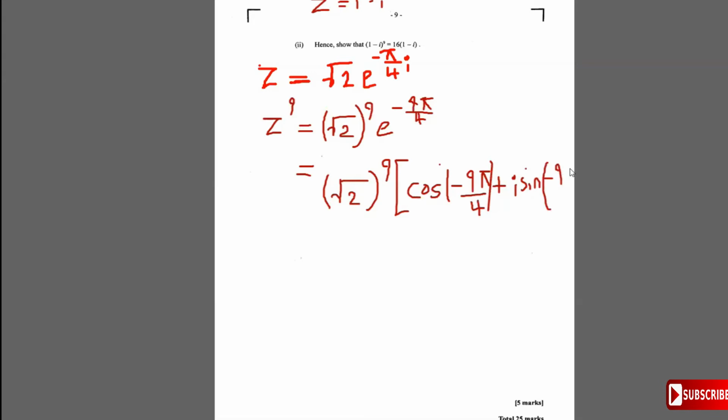In polar form, this is root 2 to the 9th power multiplied by cosine of minus 9 pi over 4 plus i sine of minus 9 pi over 4.